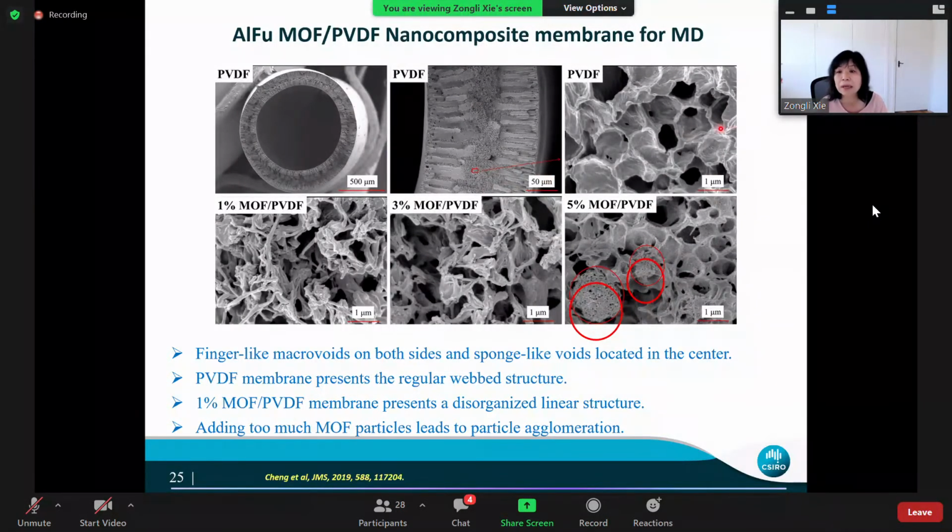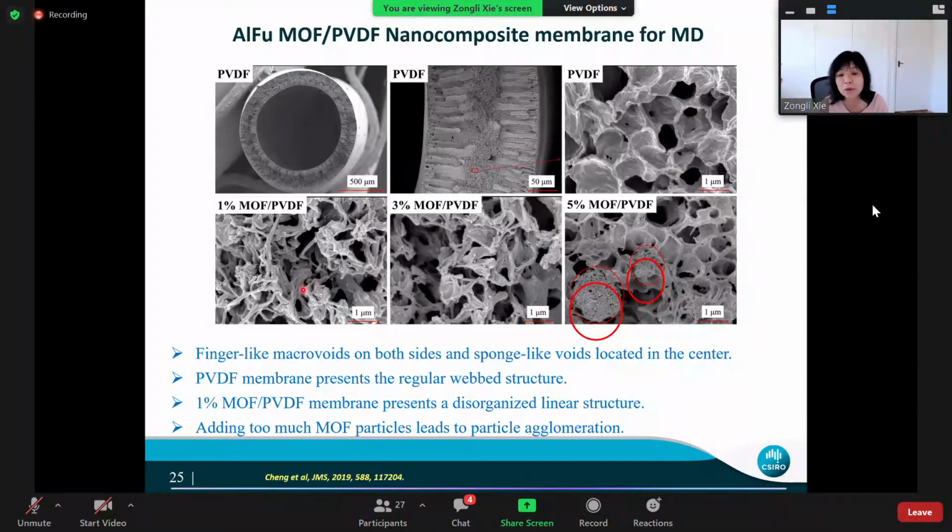The PVDF itself is just very regular, with those webbed structures. And by adding the morph, we found it actually changes this structure. It's more linear, but disorganized.